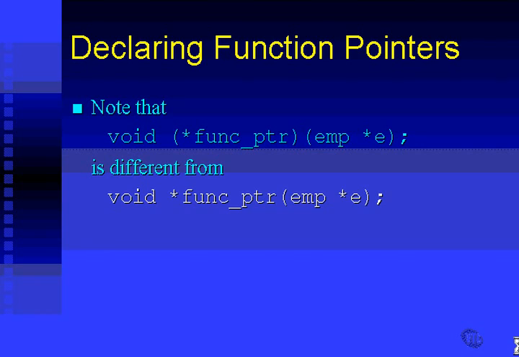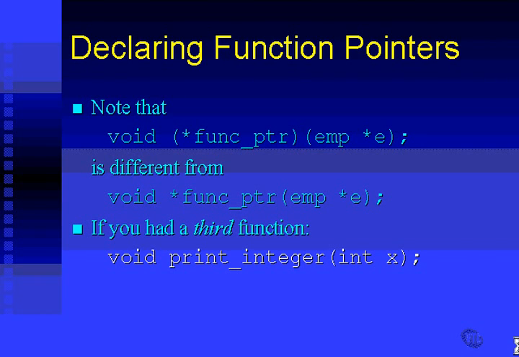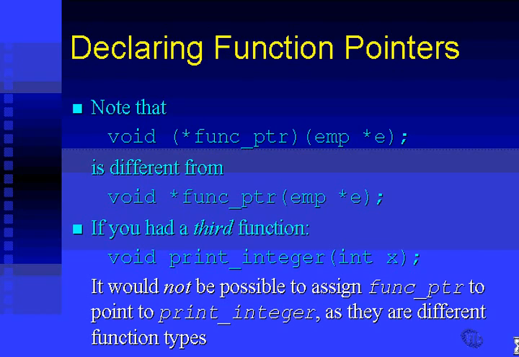Now, if you had a third function, let's say a function called print integer, which takes one integer parameter and has a void return type or no return type, it is not possible to assign function pointer to point to print integer.